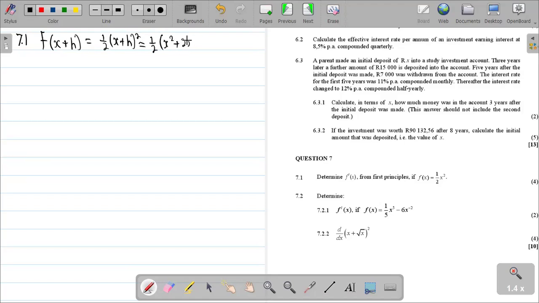So it's going to be 1 over 2 times x squared plus 2xh plus h squared, equals x squared over 2 plus xh plus h squared over 2.